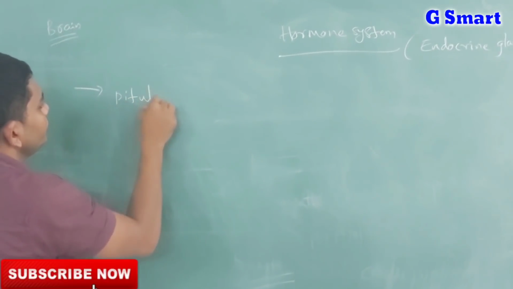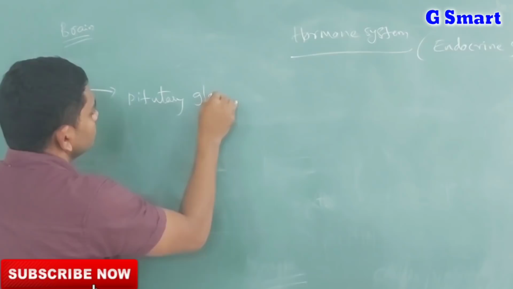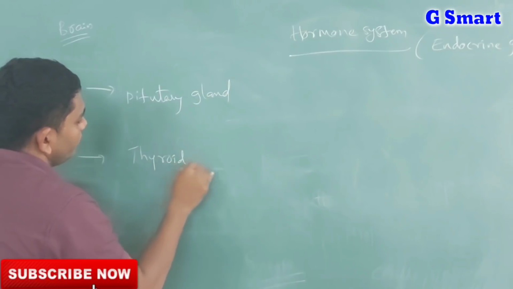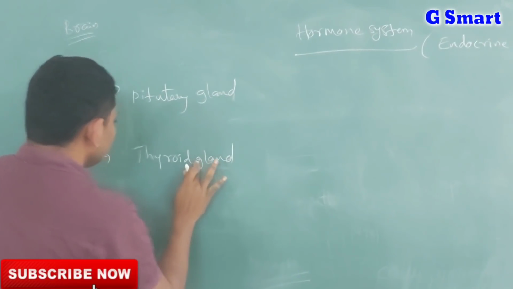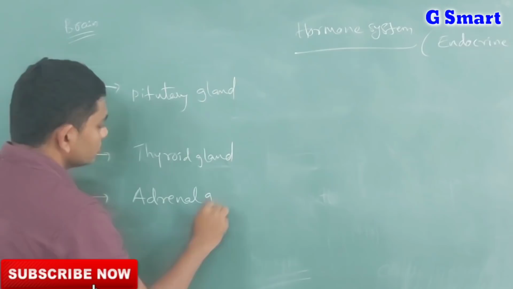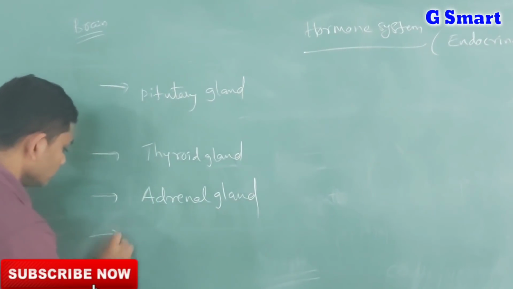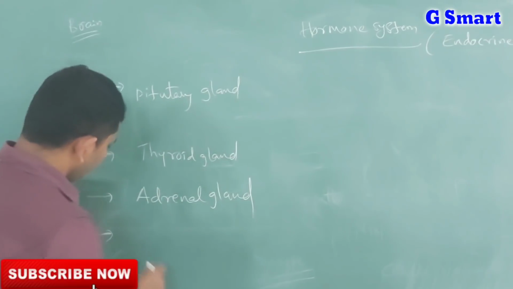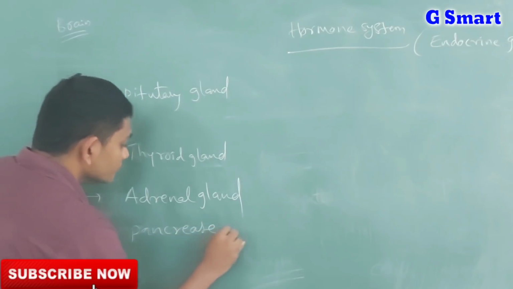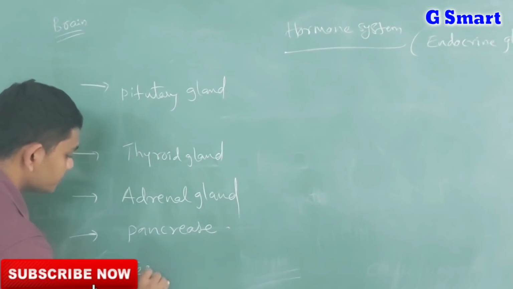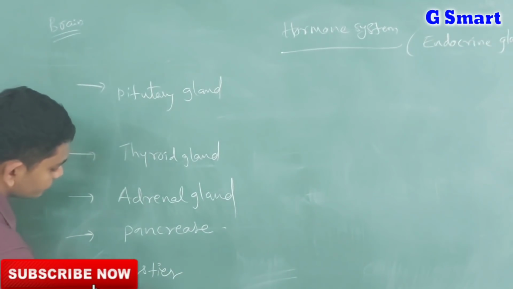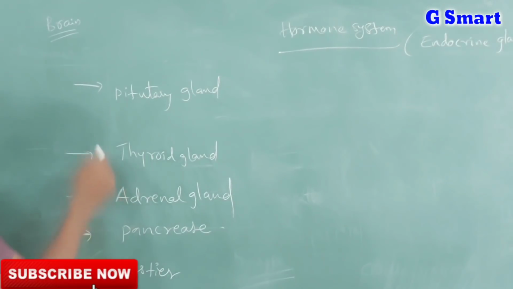Pituitary gland, thyroid gland, next, adrenal gland, then pancreas, testis, ovary, and parathyroid gland.